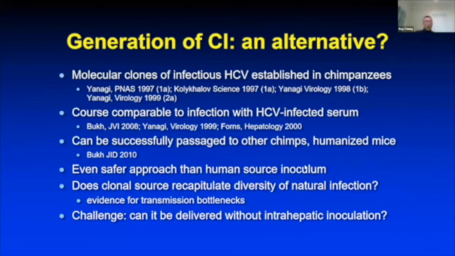One consideration as an alternative to infectious serum I'd just like to present would be the notion of taking molecular clones of infectious HCV that have been established for a number of different genotypes and subtypes, such as those displayed here, whose course is comparable to infection with HCV-infected serum, as has been demonstrated amply, and can be successfully passaged to other chimps and humanized mice.